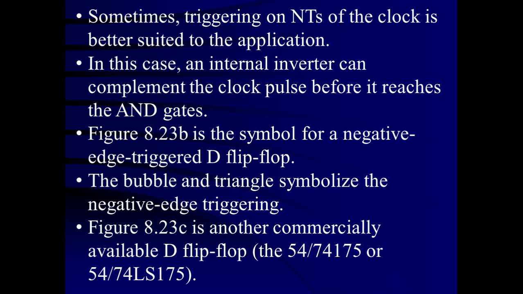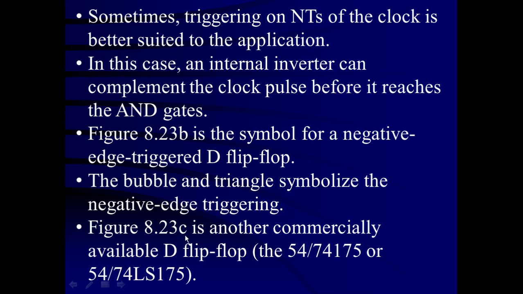When the negative transition of the clock pulse occurs, the internal inverter converts it into a positive edge, so it actually responds on the negative edge of the clock pulse, and that way the negative edge triggered D flip-flop can be prepared. Figure 8.23b is the symbol for the negative edge triggered D flip-flop. The bubble and triangle symbolize the negative edge triggering.